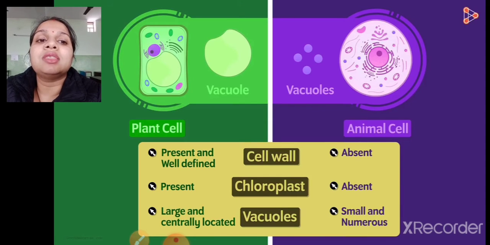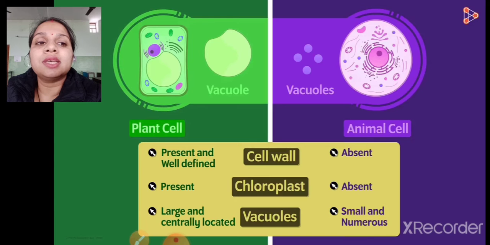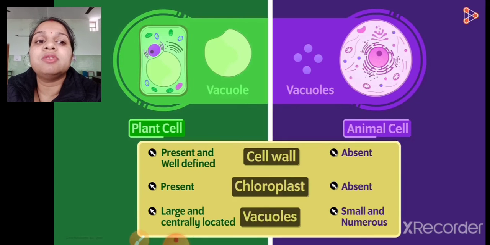So that is why the vacuole in a plant cell is larger than in an animal cell. They differ from each other on the basis of these organelles: first the cell wall, second the chloroplast, and third the vacuole.